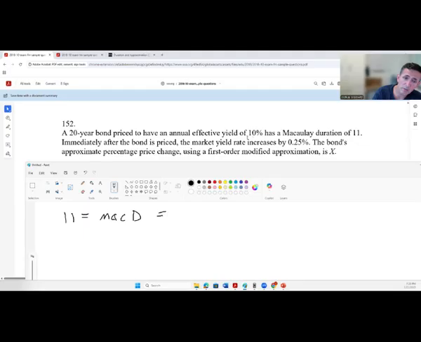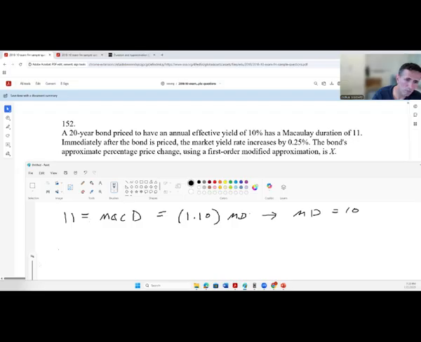My original interest rate is 10%. So here it's 1 plus my interest rate as a decimal times modified duration, MD. All right, so fairly trivially, MD is 10.